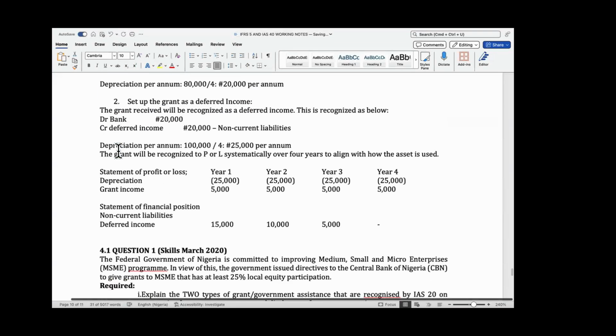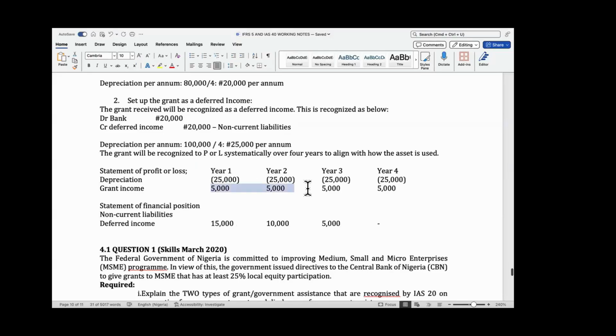But approach 2 is preferred, but it requires more effort from you, because you need to systematically recognize the grants every year over the useful life of the asset. The same way in which you are depreciating the asset is the same way in which you are going to recognize the grant.